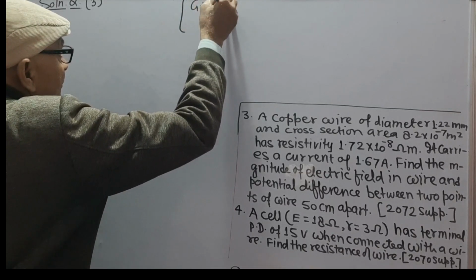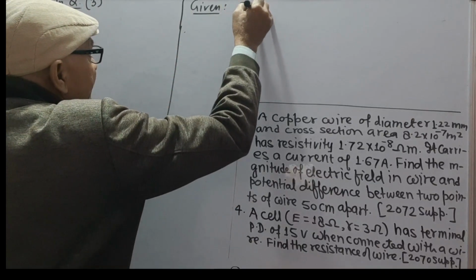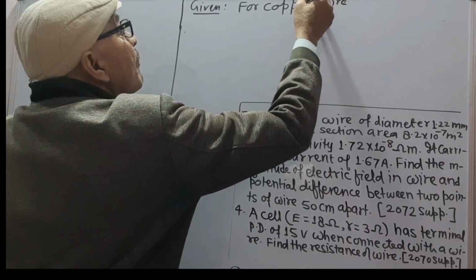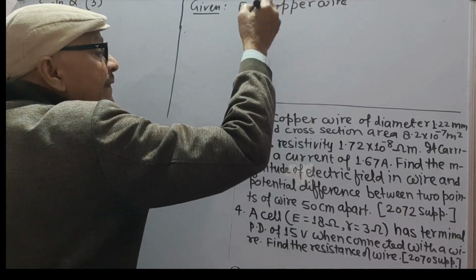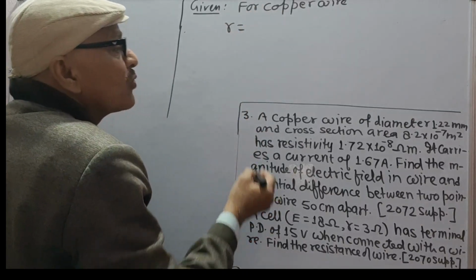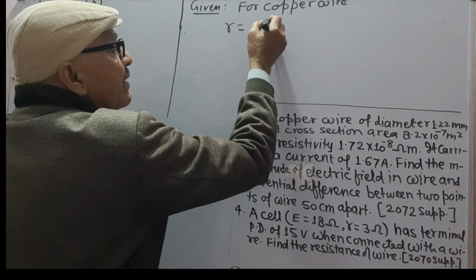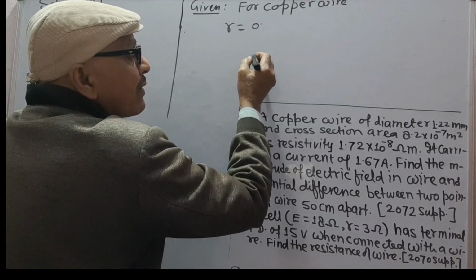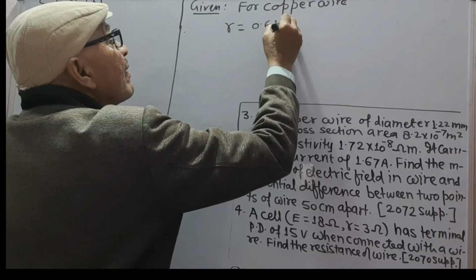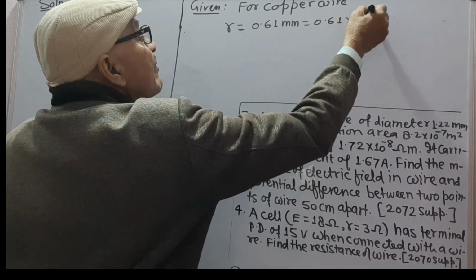Given. For copper wire, diameter is 1.22 millimeter, therefore radius will be 0.61 millimeter, 0.61 into 10 to minus 3 meter.